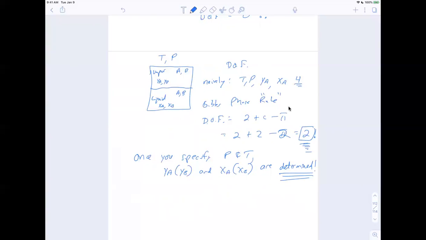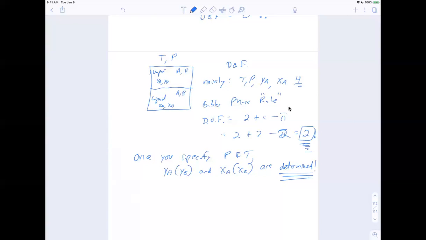Whatever's there is there. Here I'm not talking about the stoichiometry of a chemical reaction. I don't even have any sort of chemical transformation here. This is pure thermodynamics. And what it's saying is that once you specify temperature and pressure for this type of system, which is a binary liquid-vapor system, a binary 2-phase system, your compositions are determined.